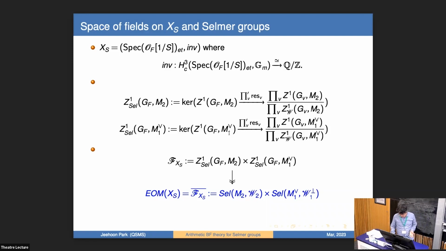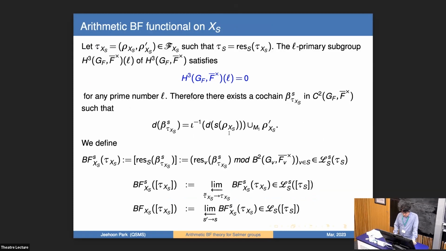That's F X_S, and I use the notation F bar X_S Sel as the Selmer group, the spatial fields on X_S. Now what we have to do is construct the arithmetic functional which belongs to that torsor.